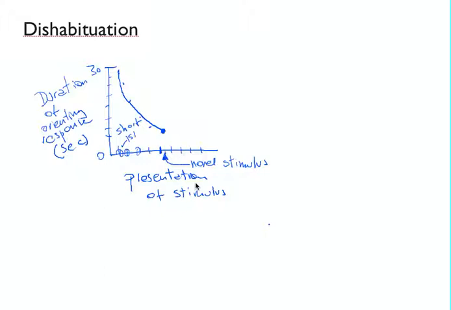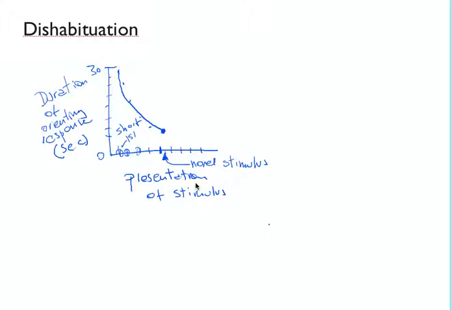The stimulus doesn't have to elicit a response. It just has to be new and has certain characteristics that produce this dishabituation. But it doesn't have to elicit the habituated response. So in the example of an orienting response, it may be a sound, and the sound may not elicit an orienting response in itself.